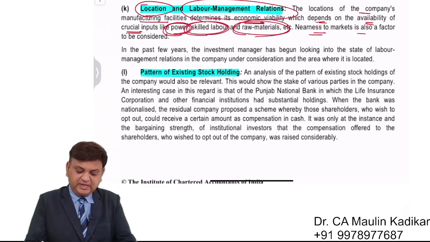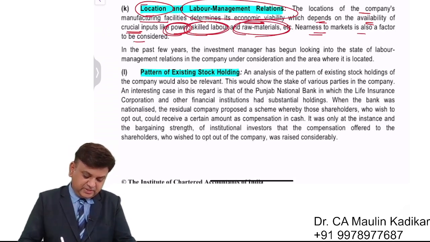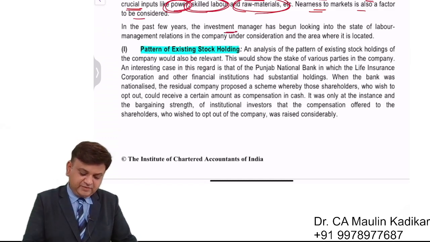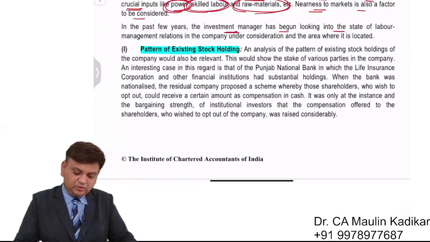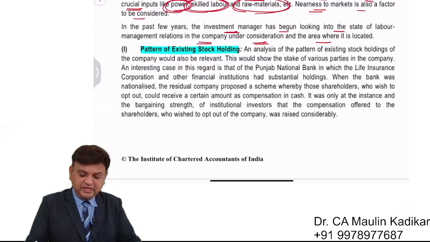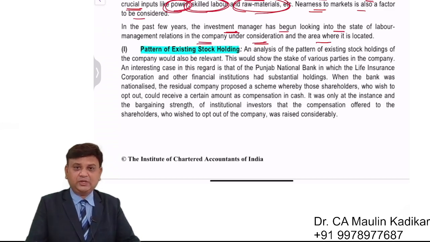Nearness to the market is also a factor to be considered. In the past few years, the investment manager has begun looking into the state of the labor management relationships in the company under consideration and the area where it is located.